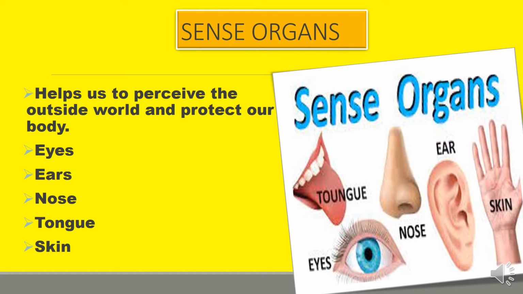Eyes help us to see, ears help us to hear, nose helps us to smell, tongue tastes and skin feels. So these are the 5 sense organs which we have learnt in our junior classes, right? In this video we will be discussing each one of them separately and how we can take care of these sense organs.